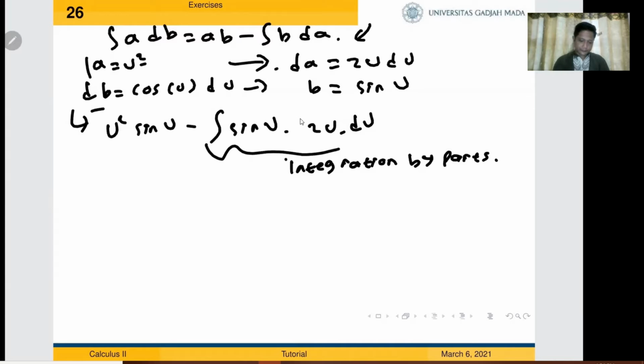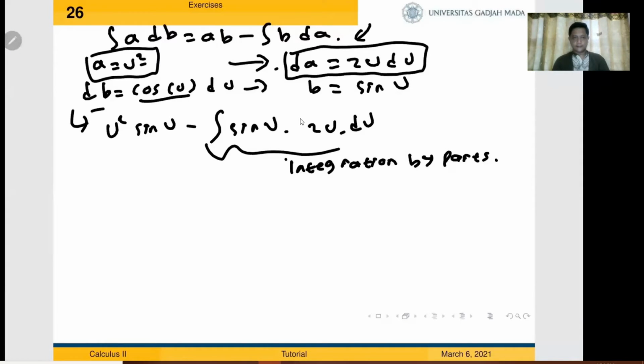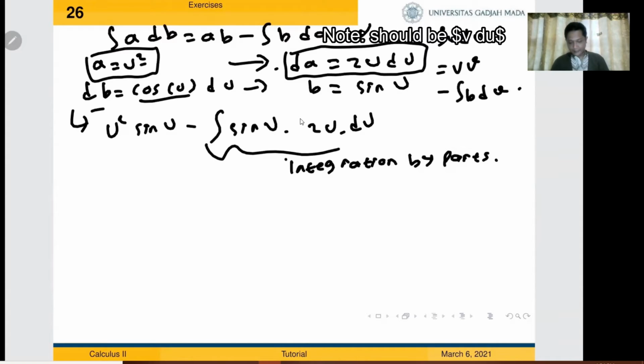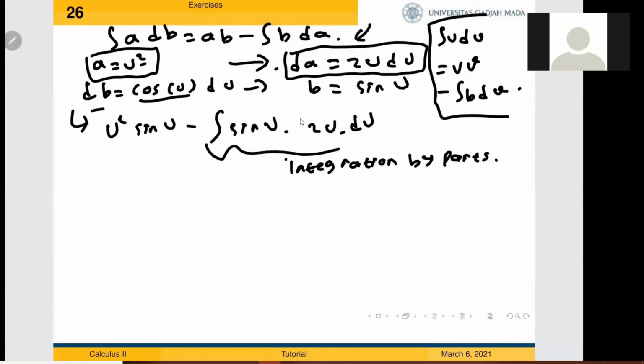So we should choose a equal to u squared, because if we find the derivative of a, then the power will be reduced by 1. So no choice, the rest should be db. Don't be confused with the formula. You can also write the integral of u dv equal to uv minus the integral of v du, but I already used u, so I use a and b. Okay, so it's just a formula. Okay, just to clarify. Thank you, sir.